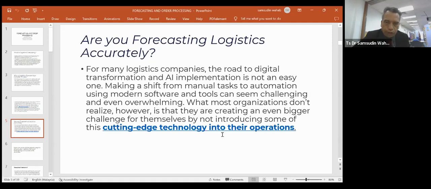Okay, how to make our forecasting a success? One, we have to focus on seasonal demand. Let's say we have a celebration year, a celebration month. Let's say in Ramadan, in a Muslim country, we have Idul Fitri. Based on this seasonal data, we can make a forecasting.